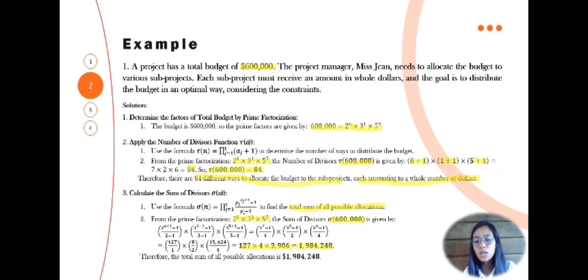So the total sum of all possible allocations is 1,984,248.